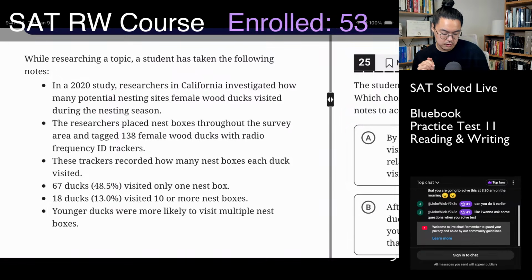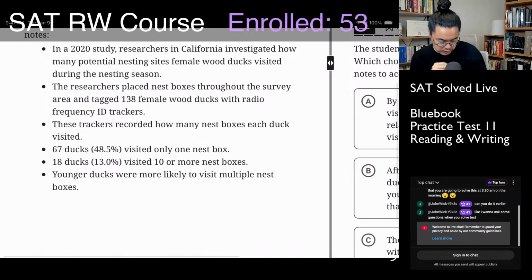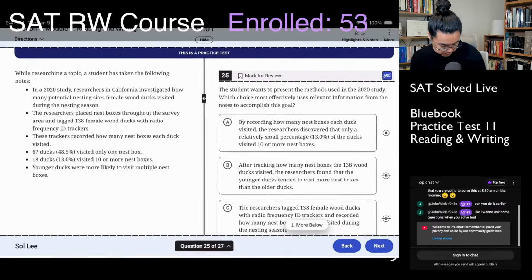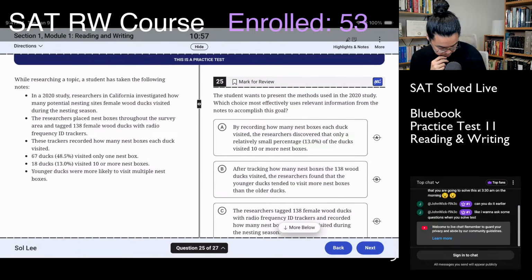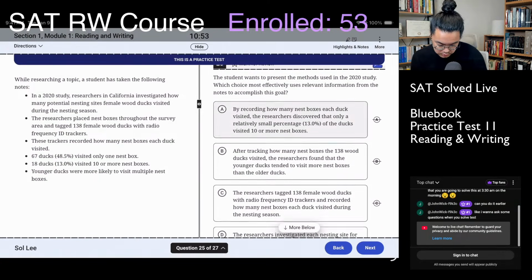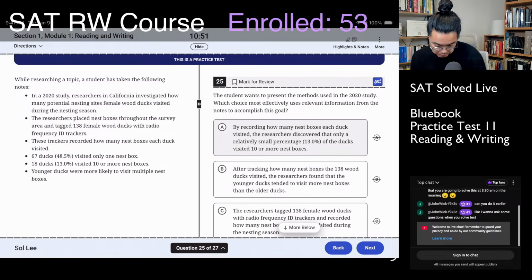Ducks, how many sites they visited, and 138 ducks, and 67 ducks visited only one, and 18 visited 10 or more. Younger ducks are more likely to visit more. Okay. The methods are the tagging and the nest boxes.